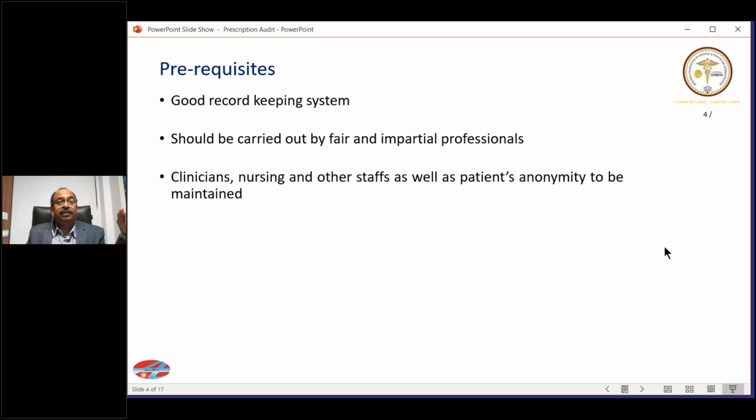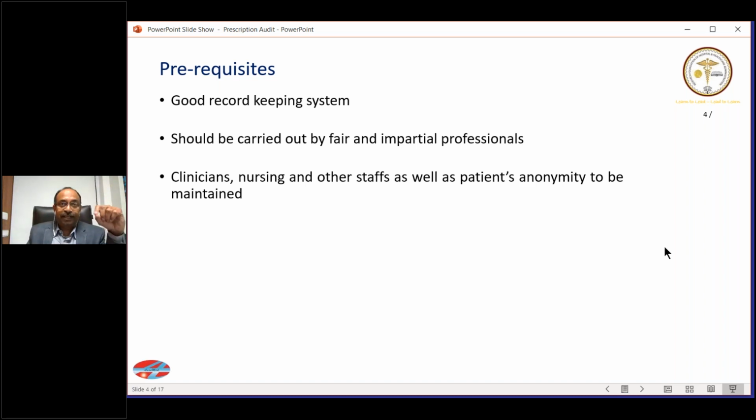That is the reason why we need to have a totally anonymous system where neither the doctor's identification is recorded, nor the nurse's identification, nor the patient identification. So patient identification is purely from the confidentiality and the privacy point of view, but the doctors' and the nurses' information is not captured, essentially to ensure that you do not have an opportunity to take the punitive action.